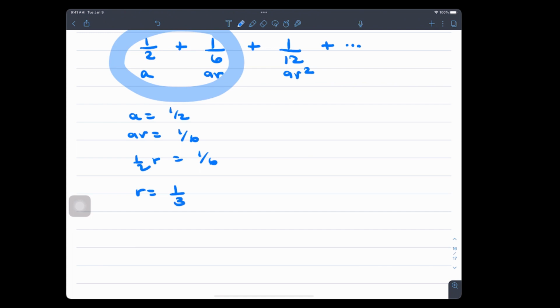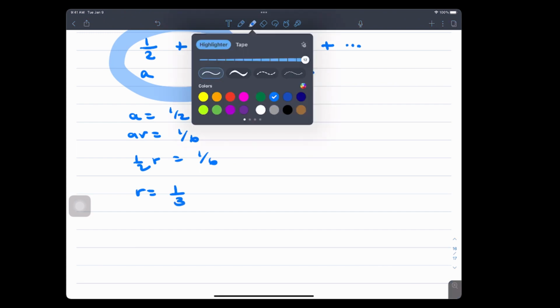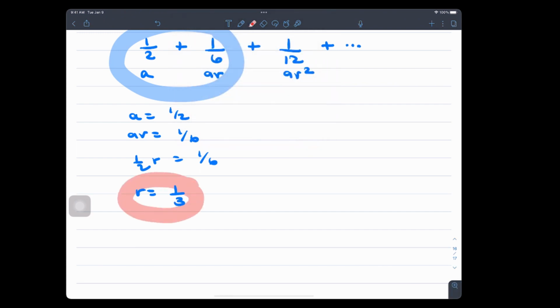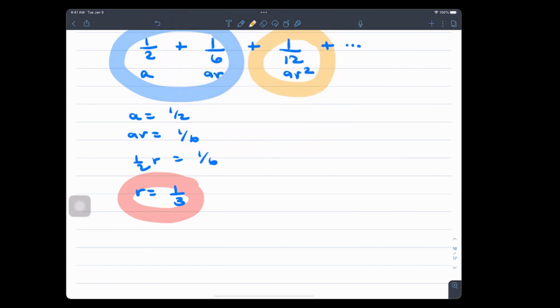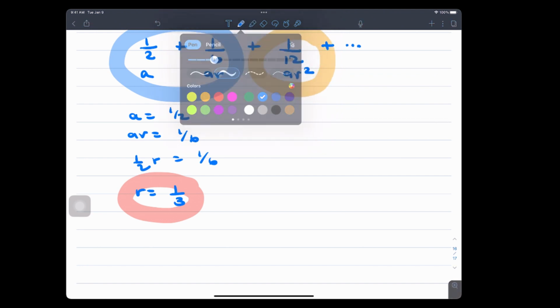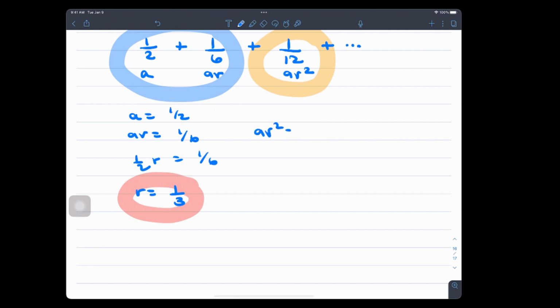R is 1/3. So that AR squared is 1/2 times 1/3 squared, which will be 1/2 times 1/9, which is 1 over 18.